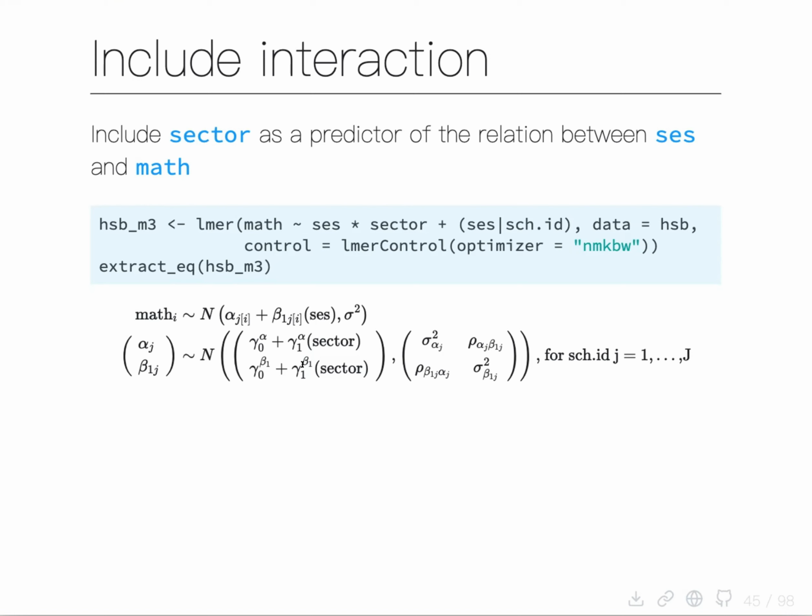So it'll figure out that sector is a predictor of SES. And I think that's a super helpful way of thinking about interactions generally. You have some baseline slope for SES, but then you also have a predictor of that SES slope, which is what an interaction is. Does that slope depend on some other variable?